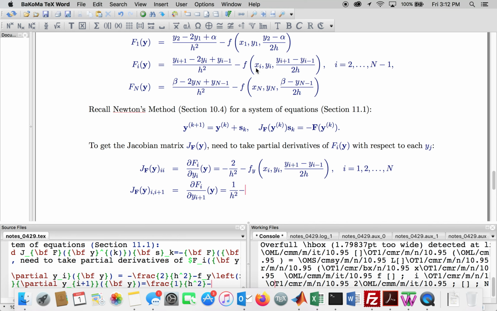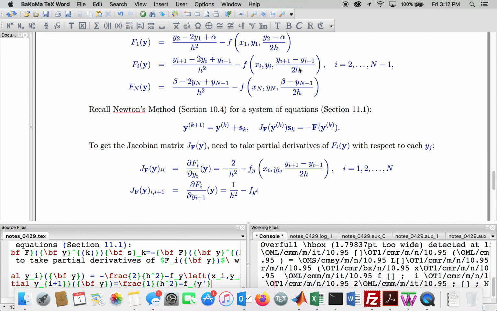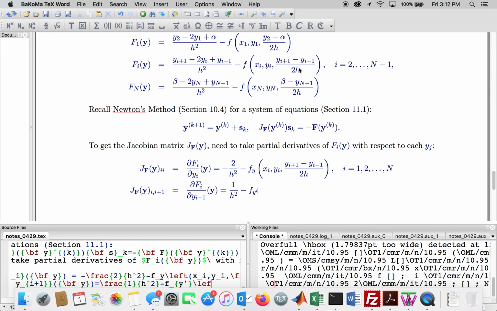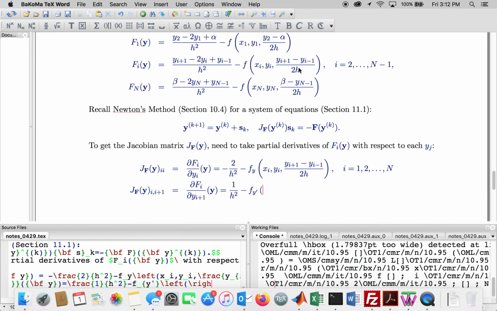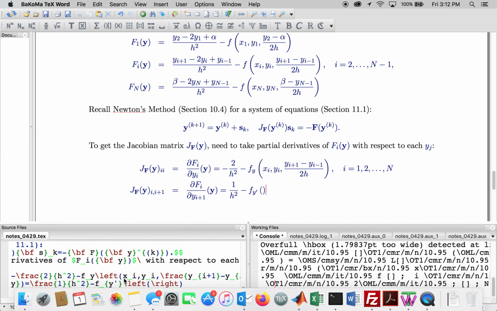And the only dependence on yi plus 1 is here in the center difference for first derivative. And that's with the y prime argument. So I need partial of f with respect to y prime evaluated at these same points.